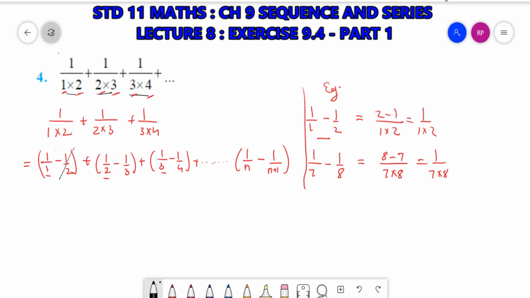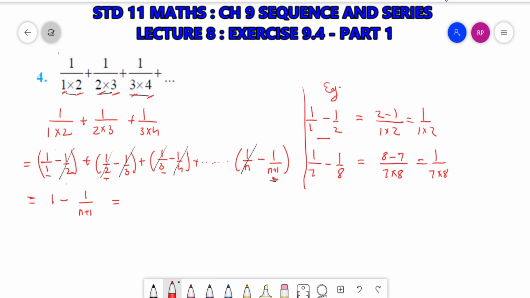Okay, so now see here what will happen. Minus 1 by 2 will get cancelled with plus 1 by 2, minus 1 by 3 plus 1 by 3, minus 1 by 4, it will be like this, and finally this will be getting cancelled. So see, if in the first bracket the first term is existing, then the last bracket's second term, the last term, will be existing. So all the terms inside will be getting cancelled. So finally I will get 1 by 1, that is 1, minus this last term, that is 1 upon n plus 1.